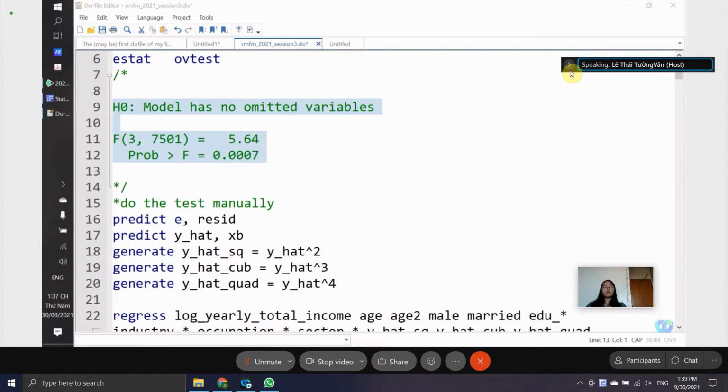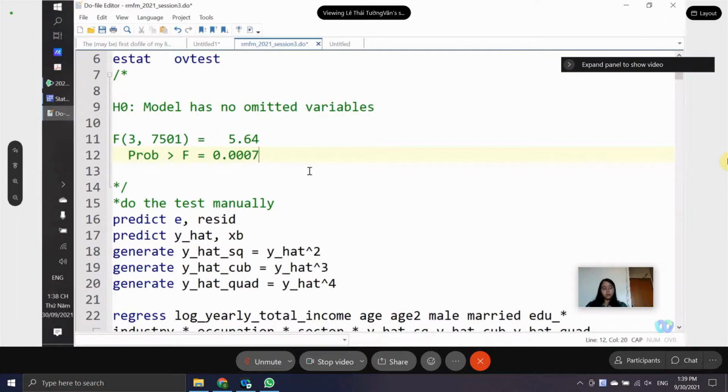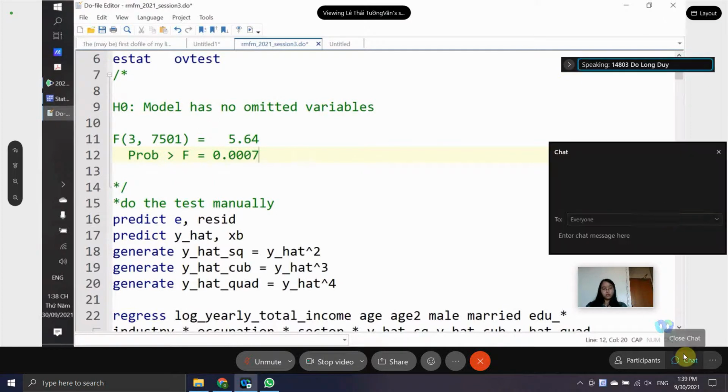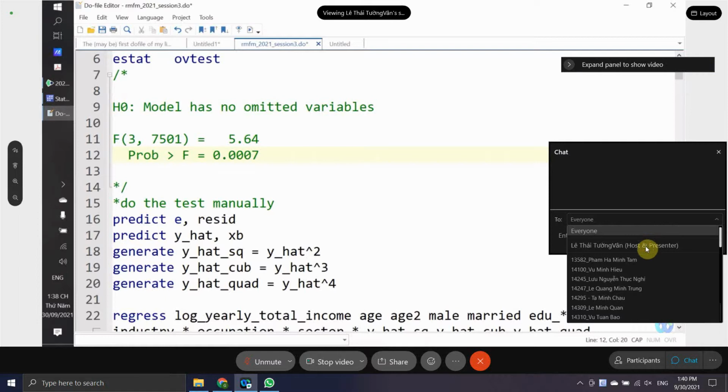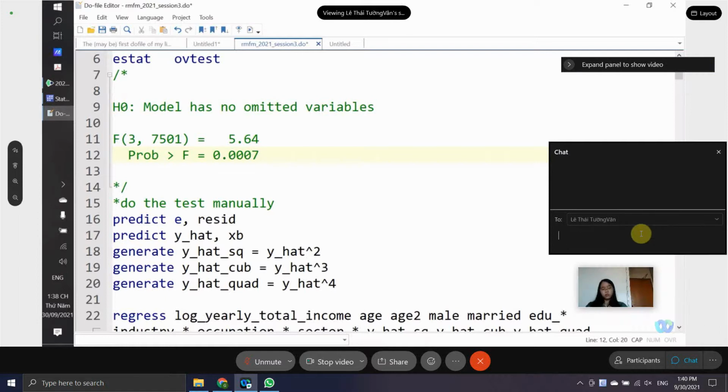So if this is the p-value, Long Duy, what do you remember from interpreting the p-value? If you reject the null, what is the probability that you will make a mistake?